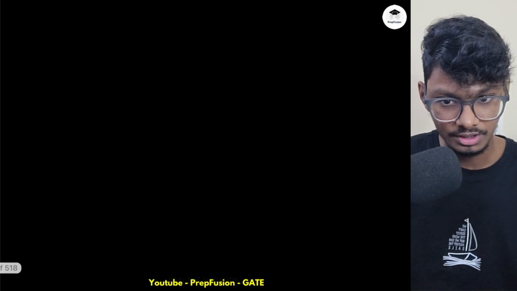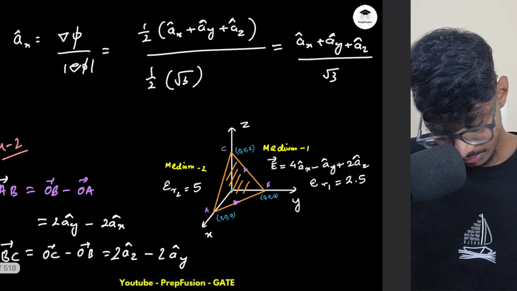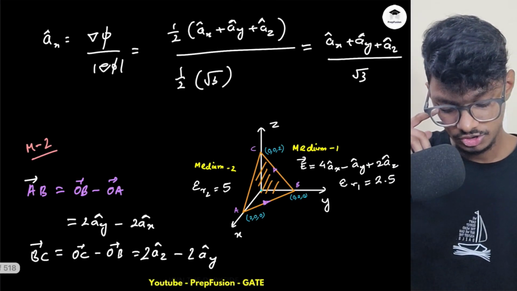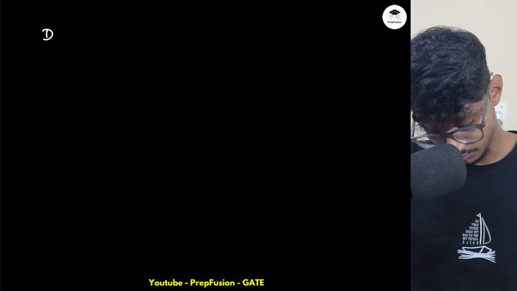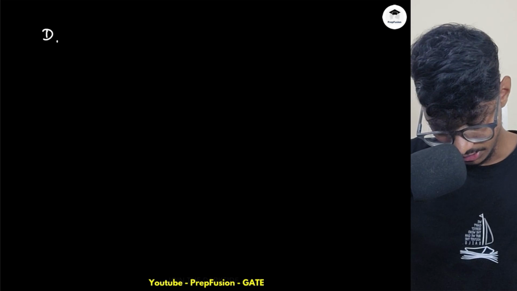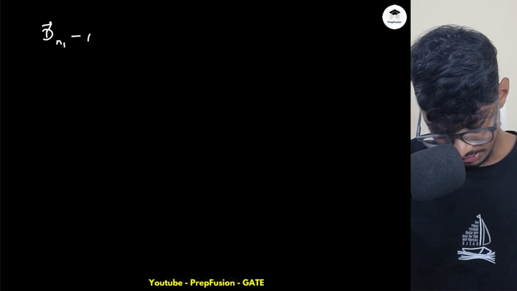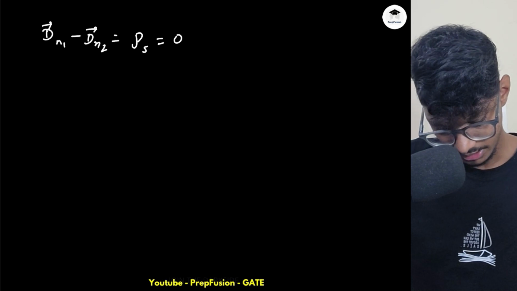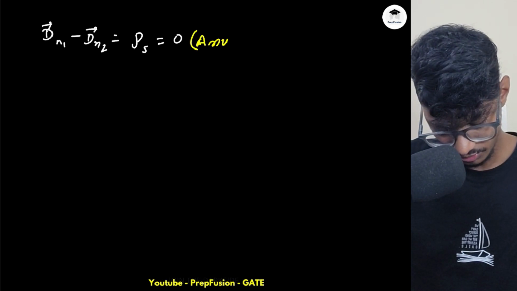I know one thing: again nothing is mentioned about the charge on this surface. They haven't mentioned anything, so assume rho s to be 0. Dn1 minus Dn2 equals rho s equals 0. Okay, since nothing is mentioned, you will assume this only.